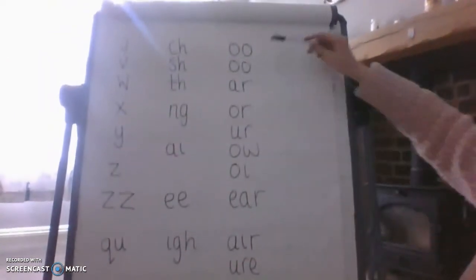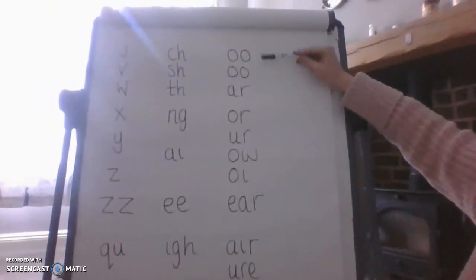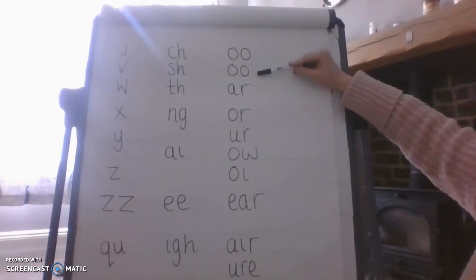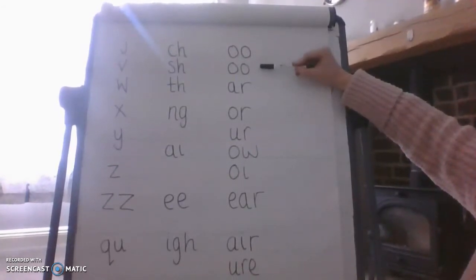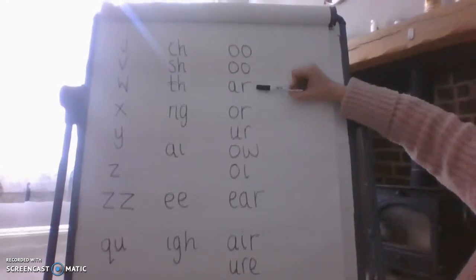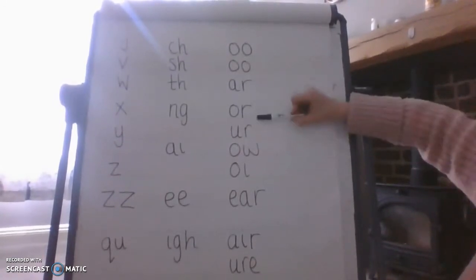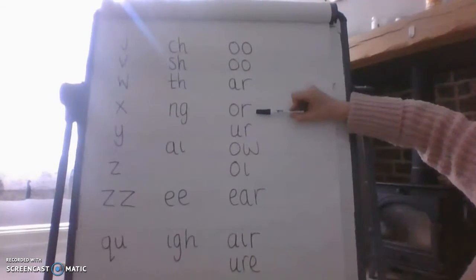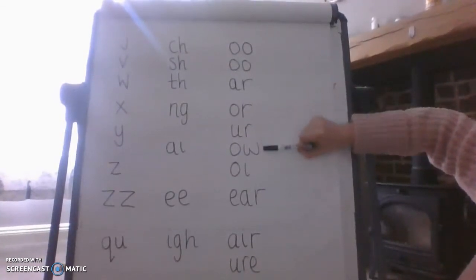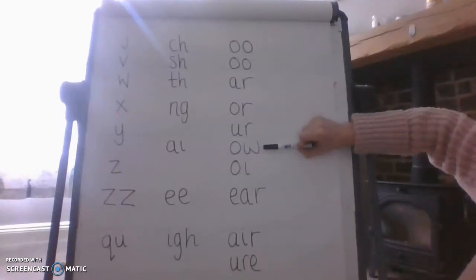Now this one here, can you see I've got 2 of these here? Because they both make different sounds, don't they? It depends. So we might have the word look, or we could have the word moon, couldn't we? So they make 2 different sounds, don't they? I say ow, you say.